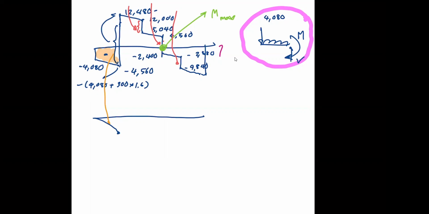So that means this moment is going to be exactly the moment caused by this uniform load and this point load, and nothing else. So whenever you have this situation, the moment at a cantilever cannot be affected by anything else.